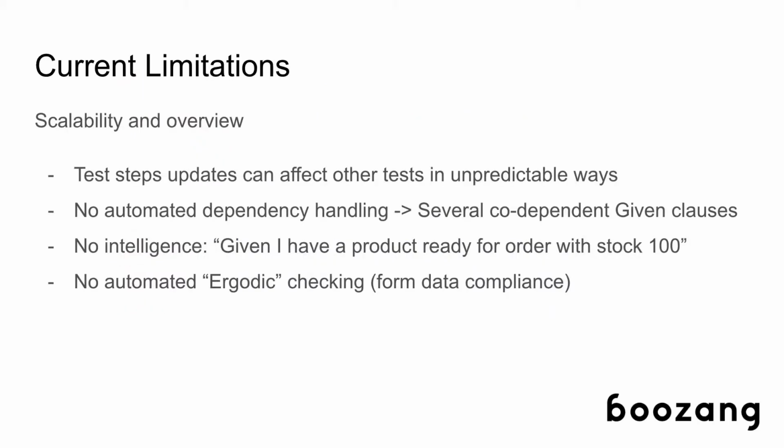The other thing, the most important thing, is no automated dependency handling. What that means is I've designed all these given clauses, given I am a brewer, and I add a group A, and I add a retailer. And then okay, if I have group set, should I automatically add that retailer to a group?